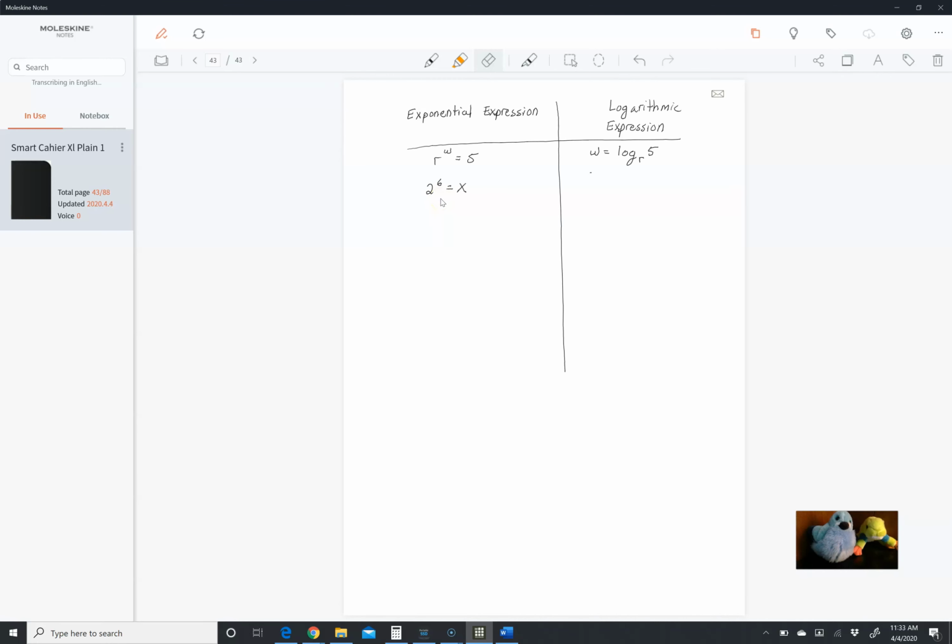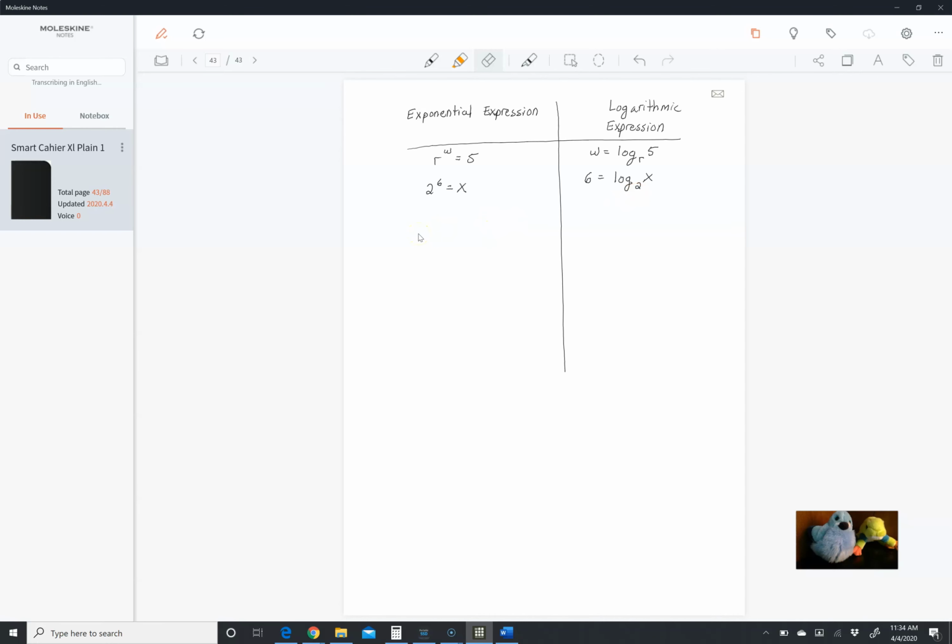So this is going to be 6 equals. Now we have the log. The base of the exponential is 2. So the base of the logarithmic is 2. And then the only thing left over is the argument. So 6 is equal to log base 2 of x. Again, we're not solving for anything at this point. We're just going through it and converting.